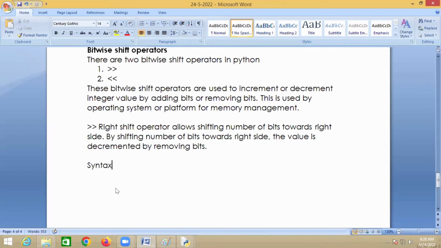Now the syntax is operand 1 right shift operand 2. It is a binary operator, so it requires two operands.